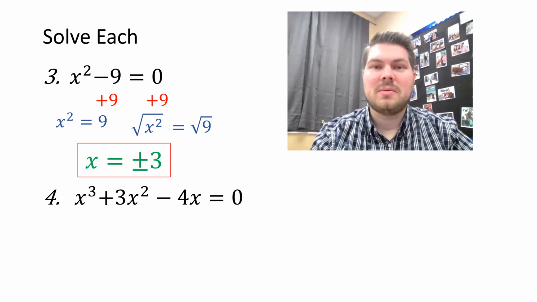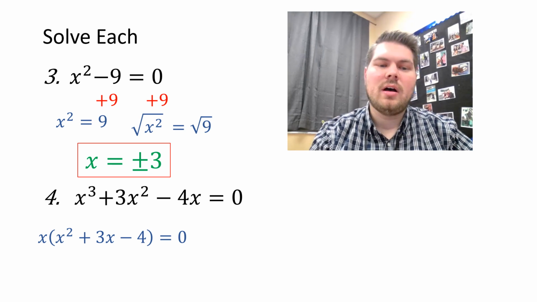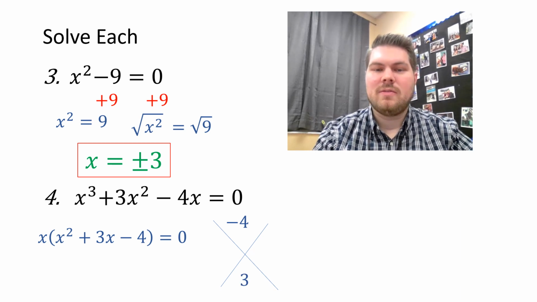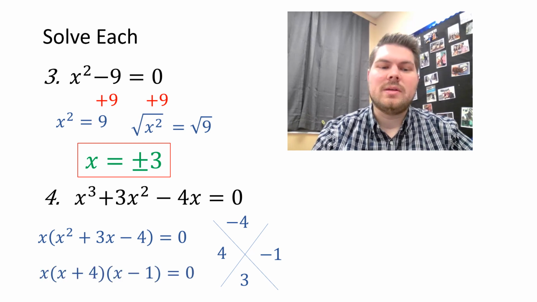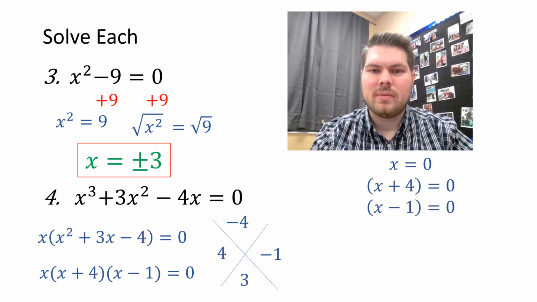All right, the next one we're going to factor first, greatest common factor. And now we're going to do our little x method, or you might already catch on to the fact that it's going to be 4 and -1. Now when we solve this, you're going to set each piece equal to 0.